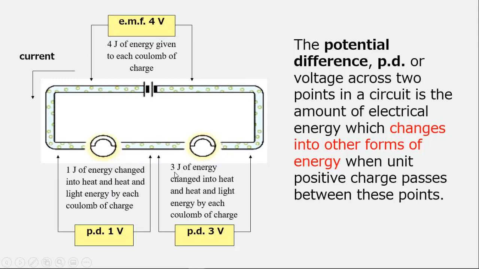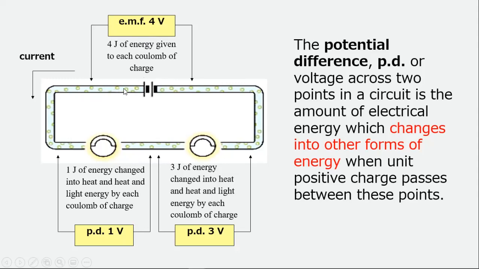So we have here 3 joules of energy changing into heat and light energy by each coulomb of charge. So if you look into this diagram, a schematic diagram of a series circuit has consumed all 4 volts that came from the dry cell or the battery.